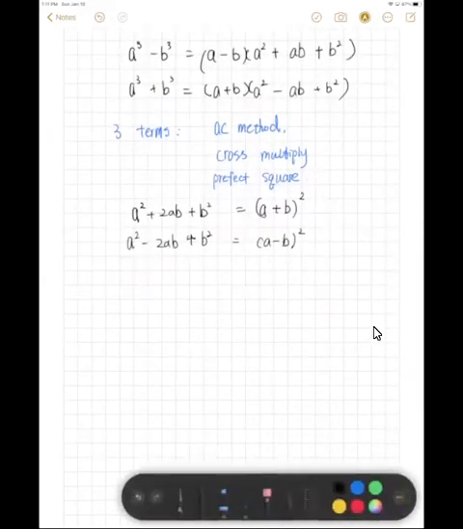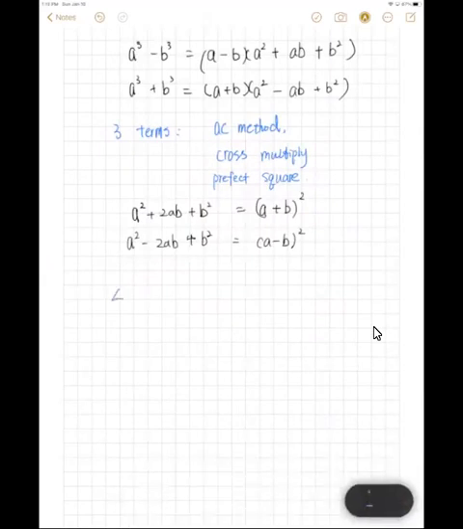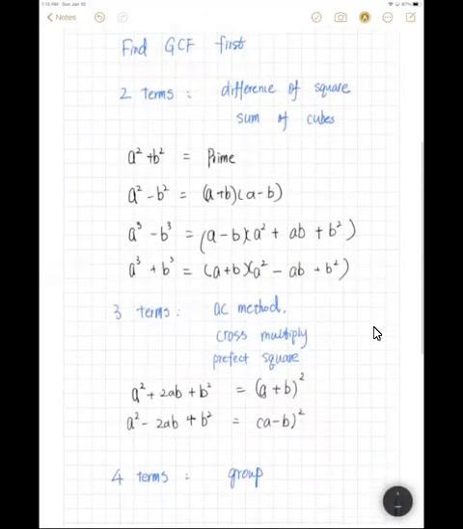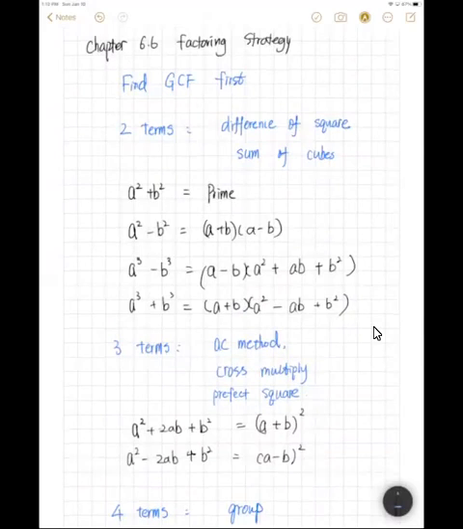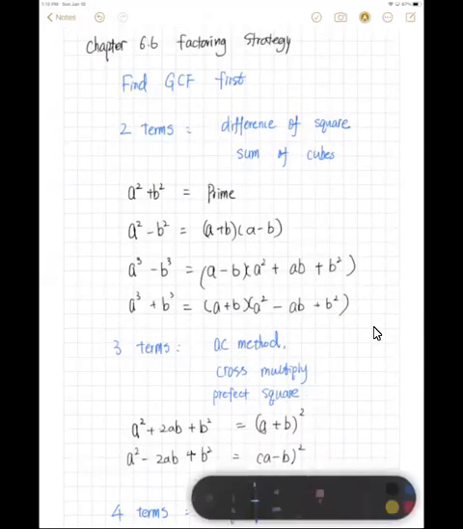And then if you see four terms, the method you will use is grouping, and then you factor them, right? Okay, so what I've written in blue is the strategy of how to factor.